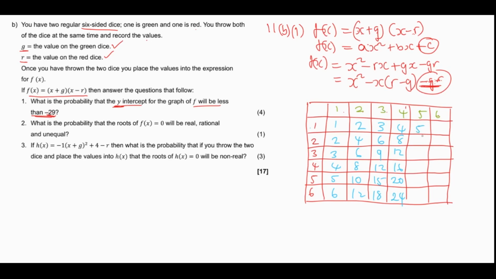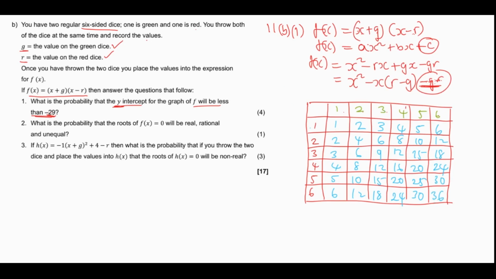Counting in fives. 5, 10, 15, 20, 25, 30. It's like counting in sixes. 6, 12, 18, 24, 30, 36.